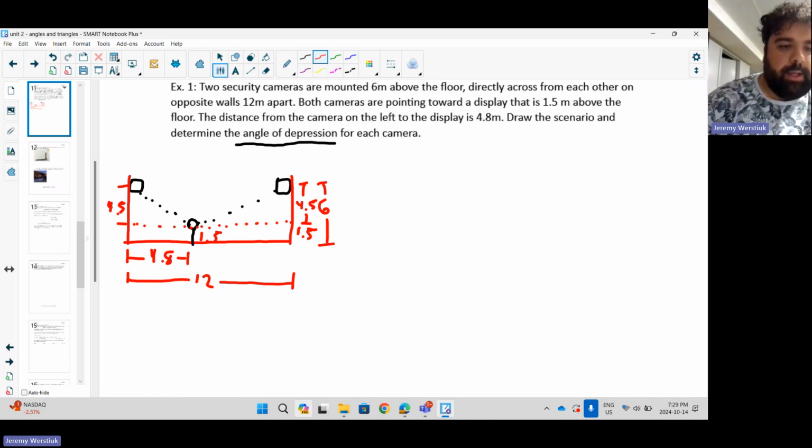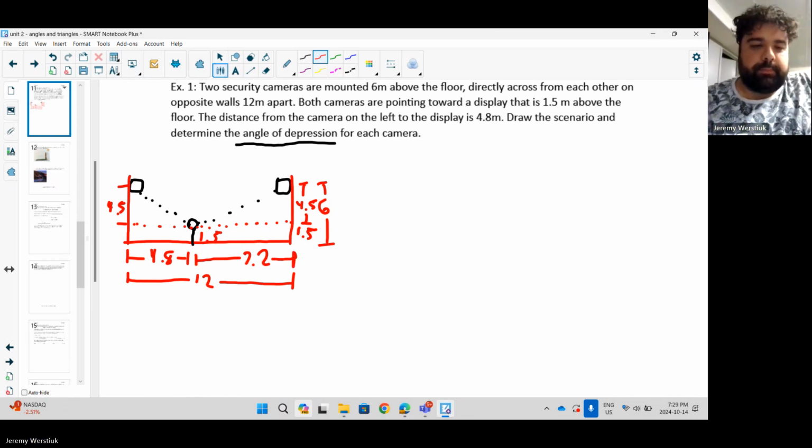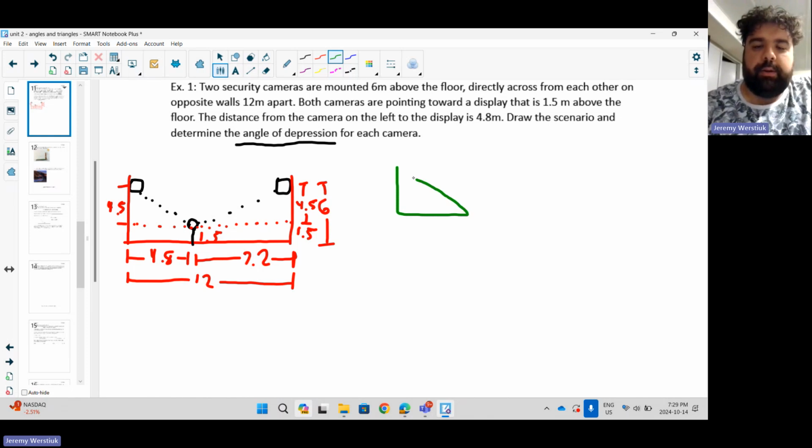Also, what I know is if it's 12 meters across and I'm going 4.8 from the left, that means I am 7.2 away from the right. So I've really got two little triangles here made up, and I'm going to draw these over here in green. I've got one little triangle right here set up.